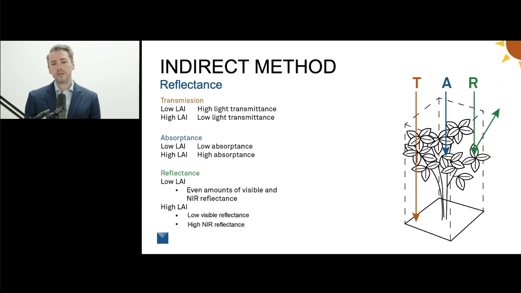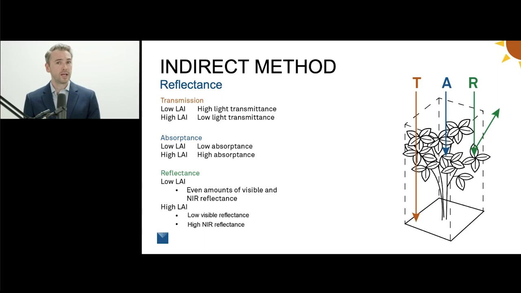So that kind of plays into the next technique where we can use reflectance techniques to start scaling up a little bit. So we're going to move out of the below canopy space now and move up above the canopy. These reflectance techniques, rather than just measuring a total amount of light, tend to use the ratio of different wavelengths of light.